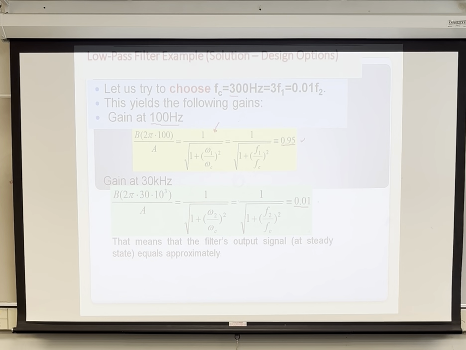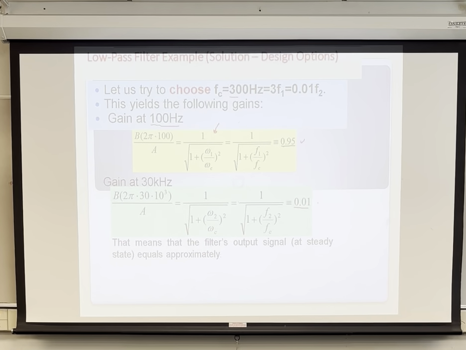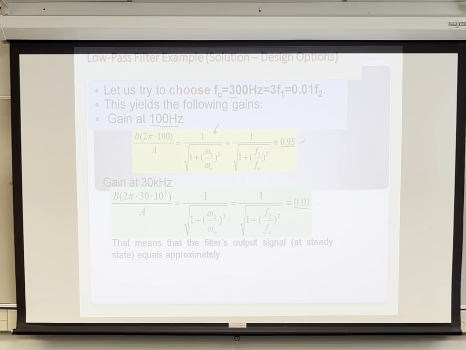Log base 10 of 0.01. You're going to get a negative number, but that's okay. You're going to get negative 2? 20 times log 10 of 0.01.